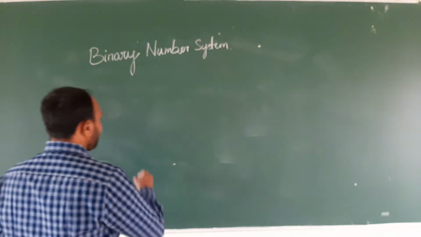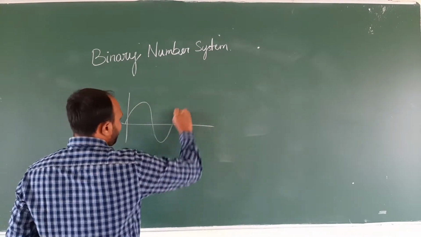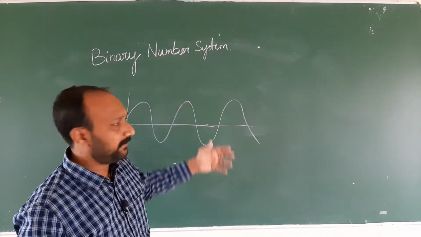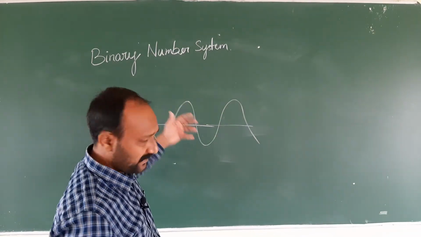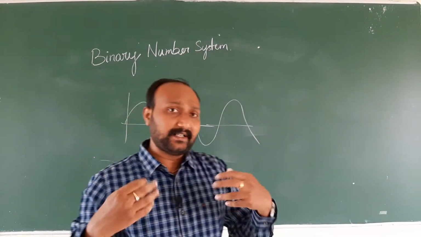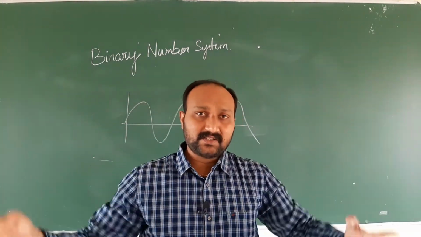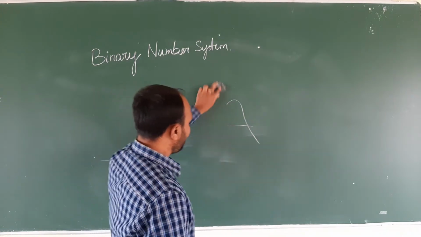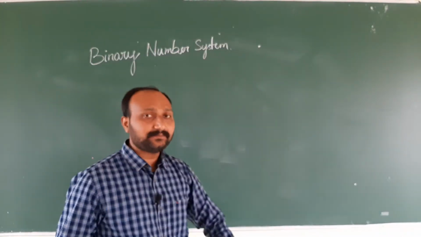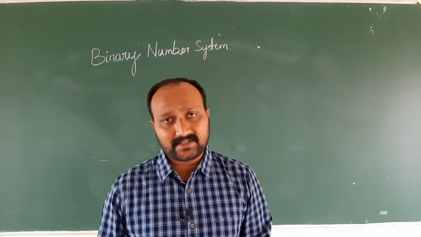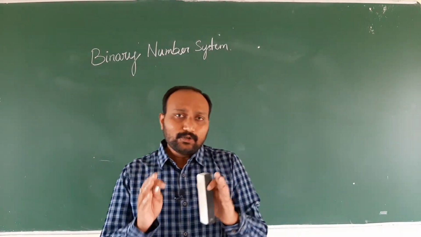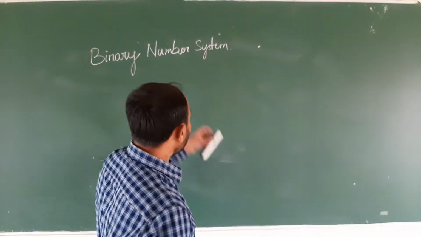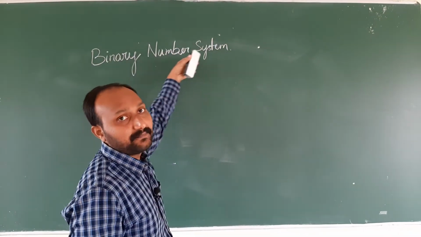For example, consider an analog signal. The analog signal varies at different values, but you cannot develop a gadget to work at different levels. The best option is to go with digital electronics, digital circuitry or digital gadgets, which are designed to work at only 2 levels. One is high state, another is low state. That's why we study binary number system.